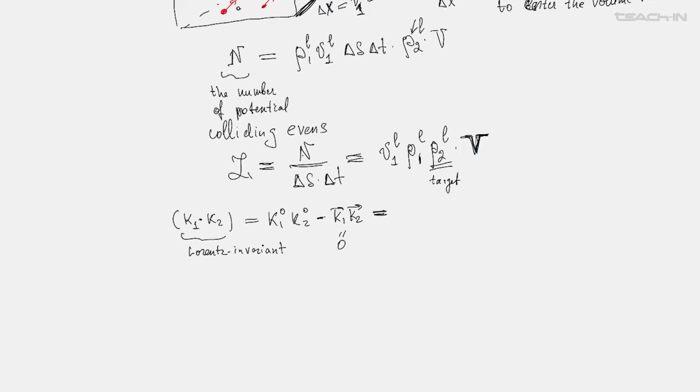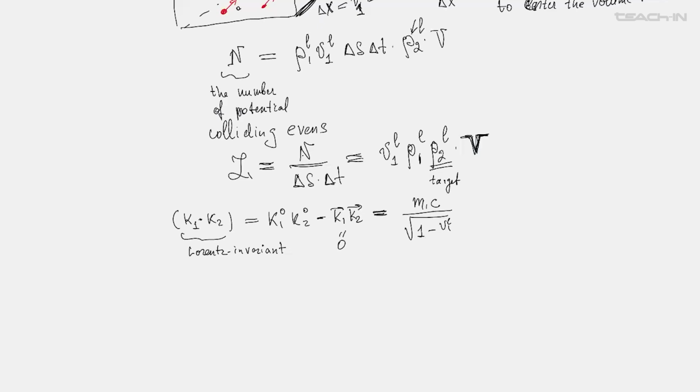The energy of a particle in the laboratory frame is just the mass divided by the square root. If we write this taking account of the speed of light, then this should be m1c divided by the square root of 1 minus v1 laboratory squared divided by c squared.